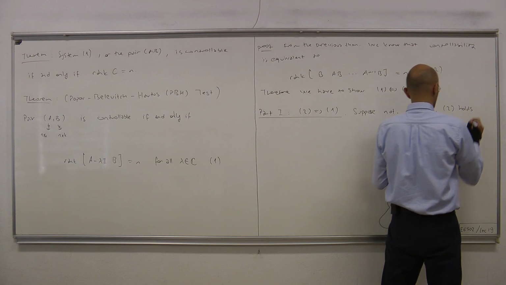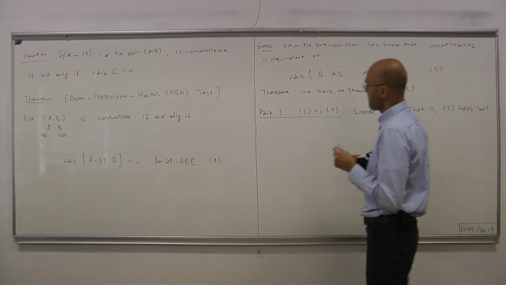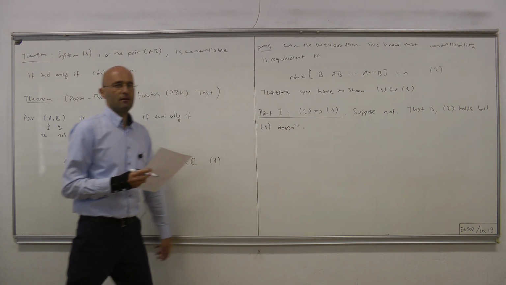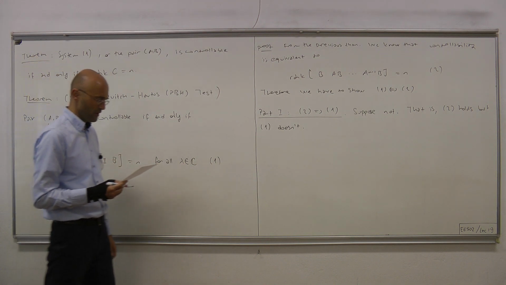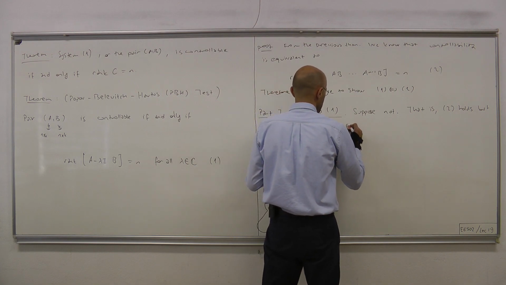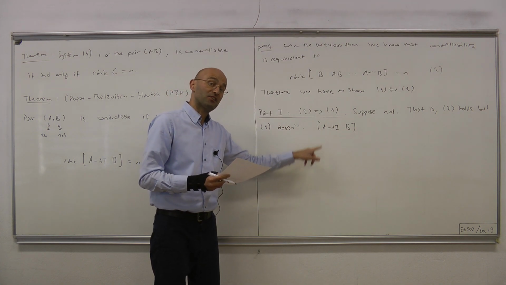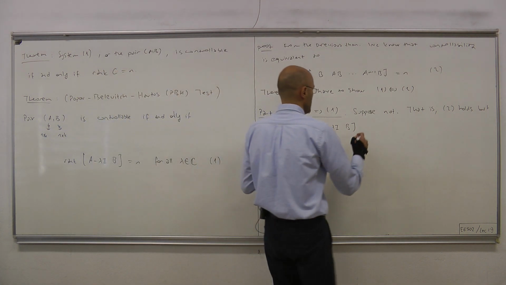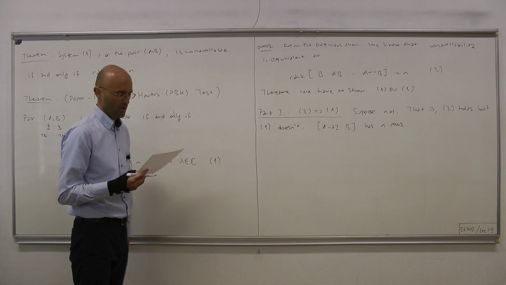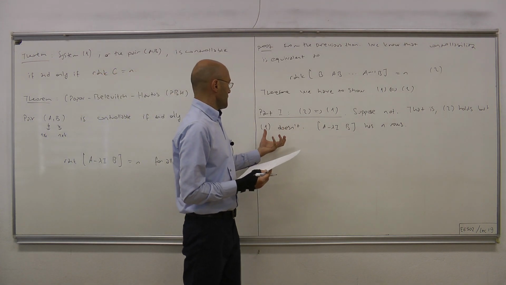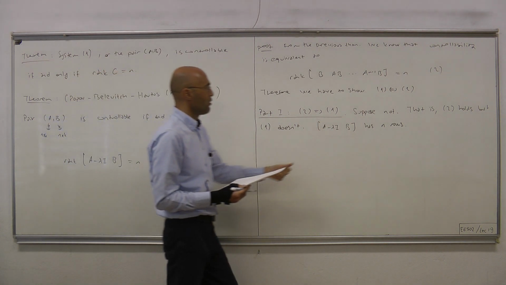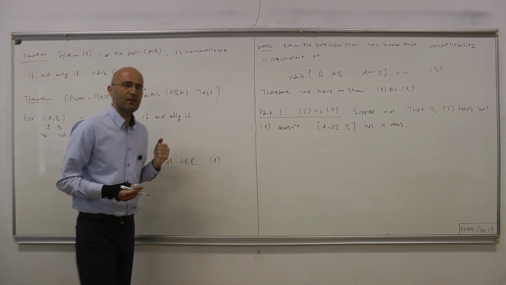Suppose not. That is, 2 holds while test 1 doesn't. The matrix [A minus lambda I, B], which is an n by n plus k matrix, has n rows. Since we're assuming that 1 doesn't hold, the rank is strictly less than n, so those n rows must be linearly dependent.